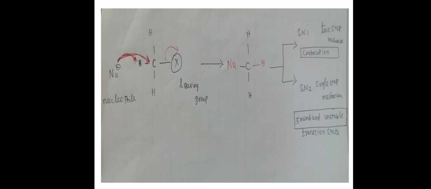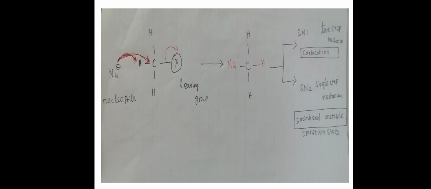This is a nucleophilic substitution reaction. The nucleophilic substitution reaction has two different mechanisms. One is unimolecular nucleophilic substitution, and the other is bimolecular nucleophilic substitution. The unimolecular reaction proceeds through a carbocation intermediate. In the bimolecular reaction, no intermediate is formed.